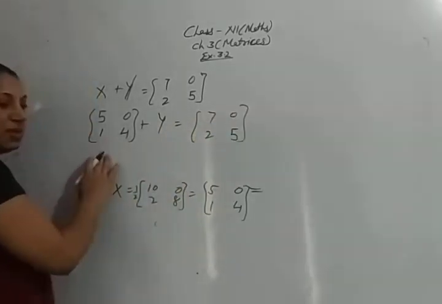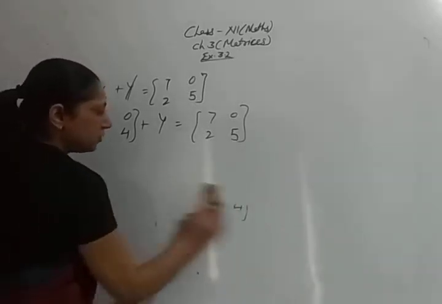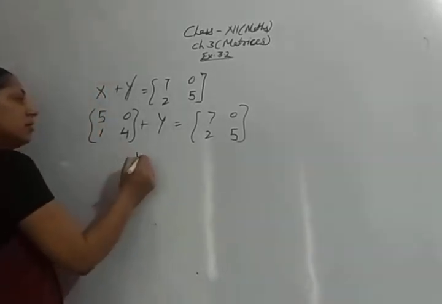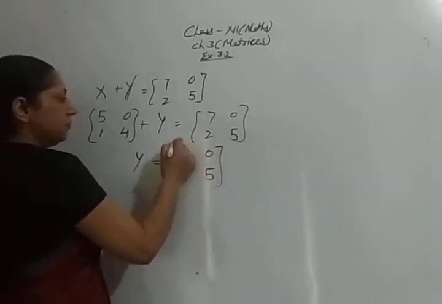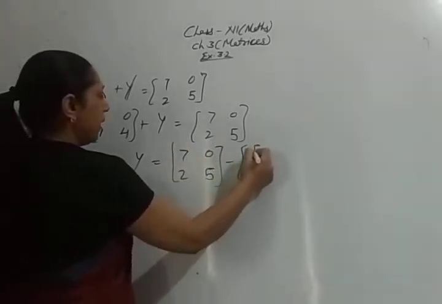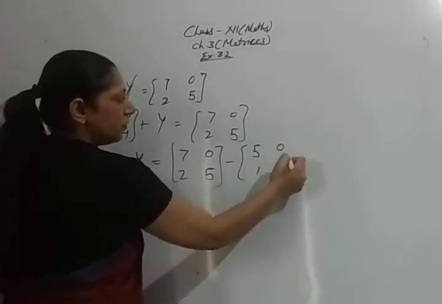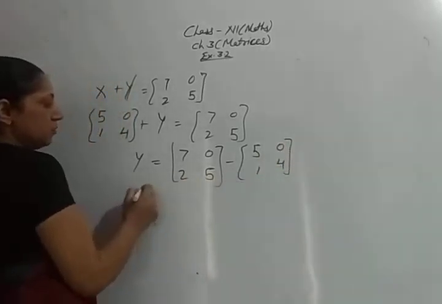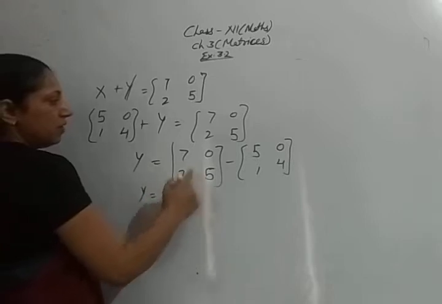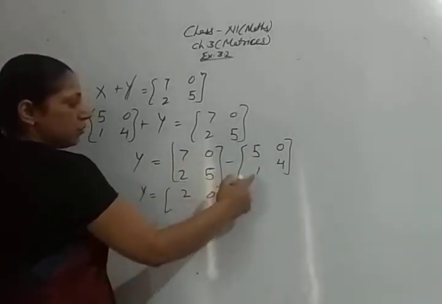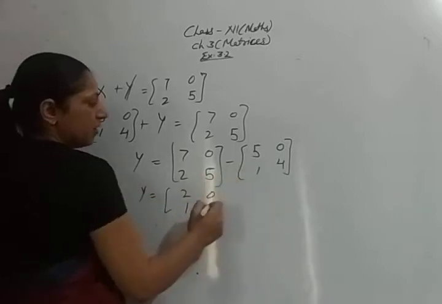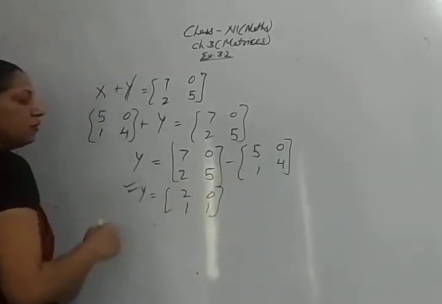Now this is plus on the left side, so on the right side it will be minus. So y is equal to [7, 0; 2, 5] minus [5, 0; 1, 4]. Now subtract these two matrices: 7 minus 5, 0 minus 0, 2 minus 1, 5 minus 4, that is [2, 0; 1, 1]. So this is the value of y.